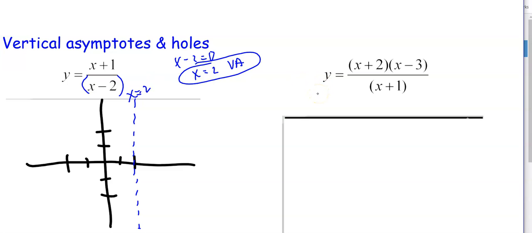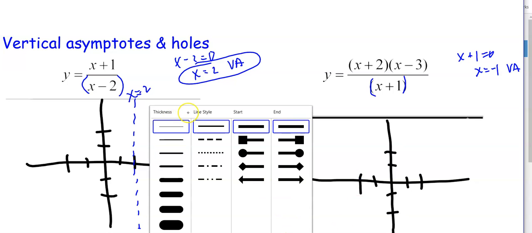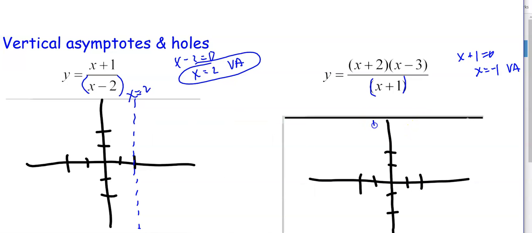On this one, you look at the denominator. Again, we're just setting the denominator equal to 0. So x plus 1 equals 0, so x equals negative 1. That is your vertical asymptote. So when you graph this graph, you graph a dotted vertical line at x equals negative 1.